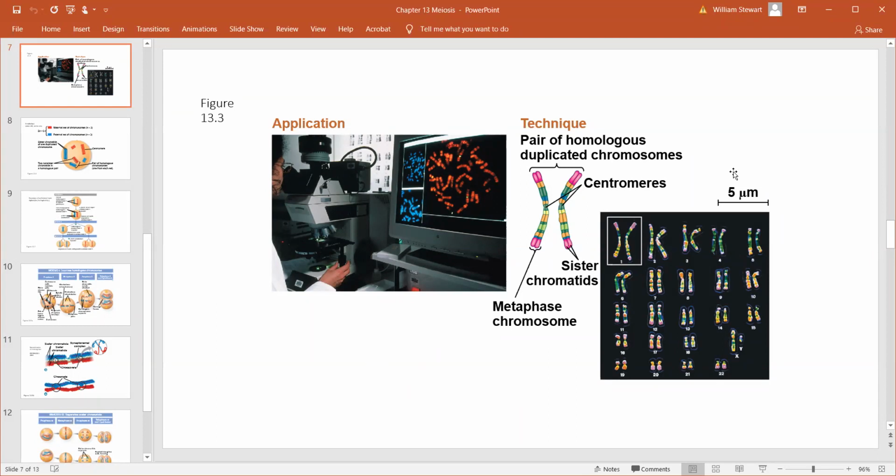So this is actually a human karyotype, and it looks like it's male. See how it has an X and a Y? And this is a good time for me to remind you and to talk a little bit about, in humans, our diploid or adult form, 2N equals 46, right? N is 23. That means 23 different chromosomes that we have, right?